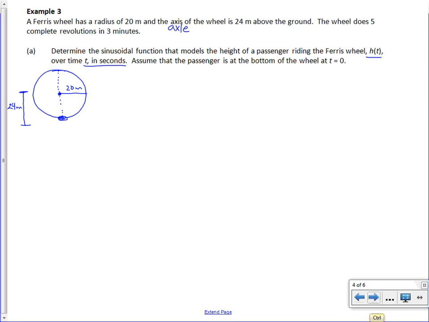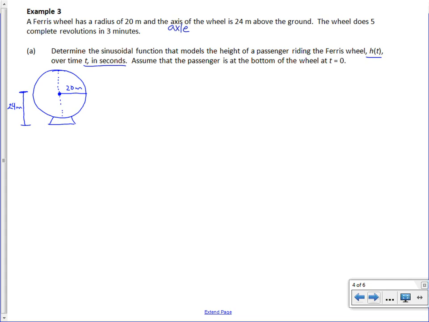That's not good. So the idea here is it's on a platform. Even though my picture now looks like a crystal ball or something, you get the idea, okay? So there's my Ferris wheel. The middle of it lies 24 meters above the ground. The radius is 20.